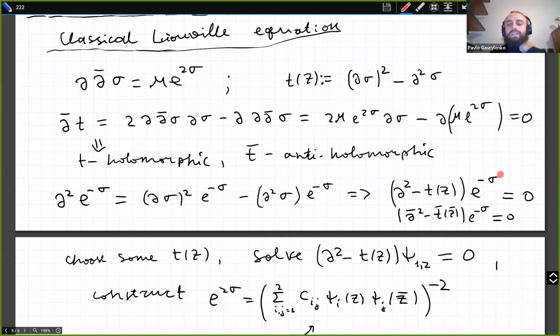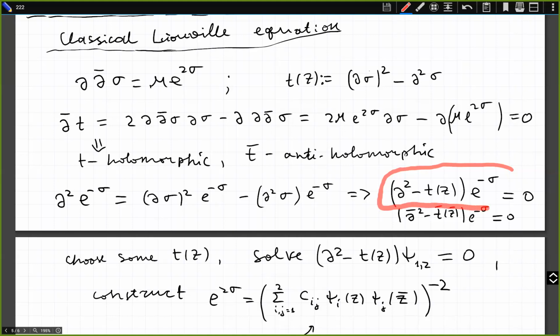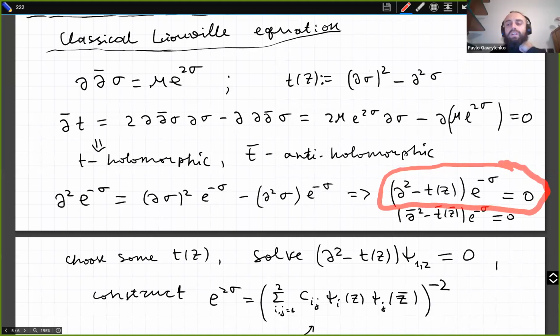Did we see anything similar to this before? The BPZ equation? Yes, precisely.